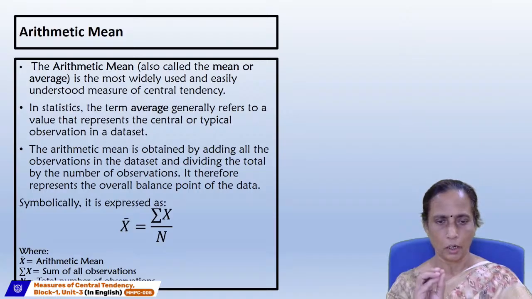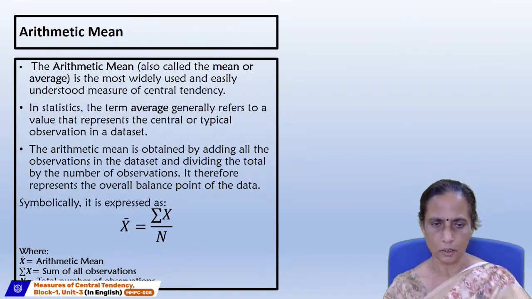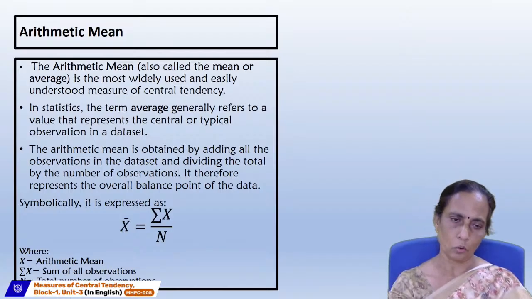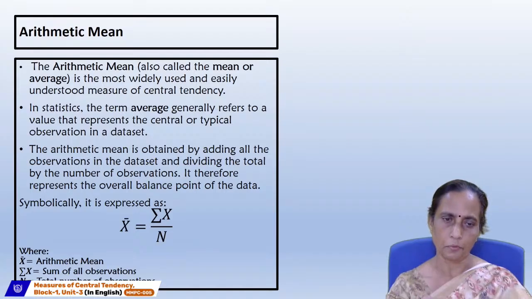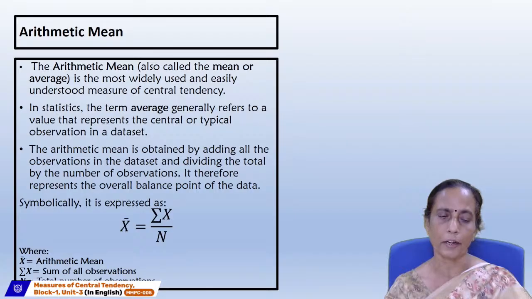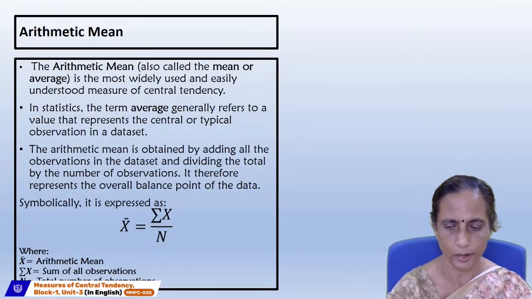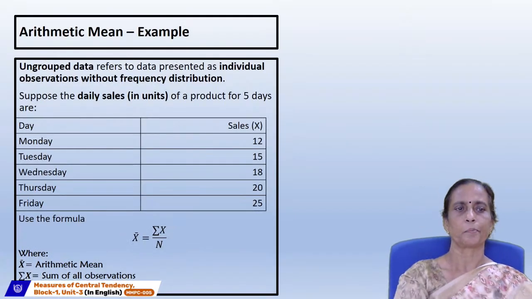So suppose you are taking into consideration the scores of 100 students, then the average score of 100 students is the sum of the individual scores of 100 students divided by 100. Okay, that is what we have done here.